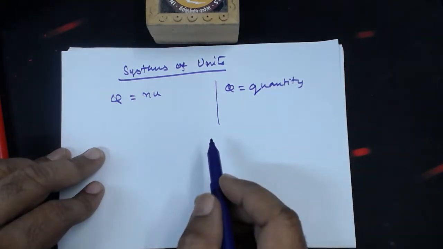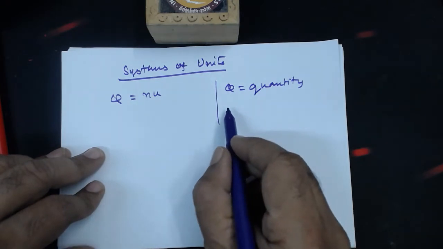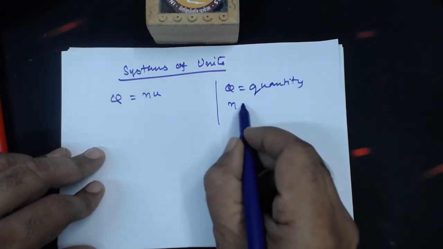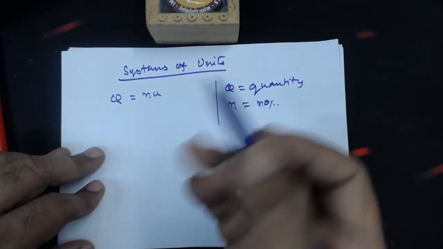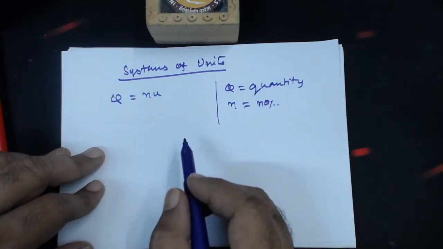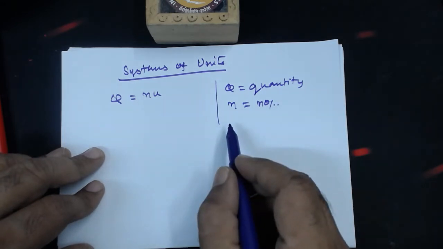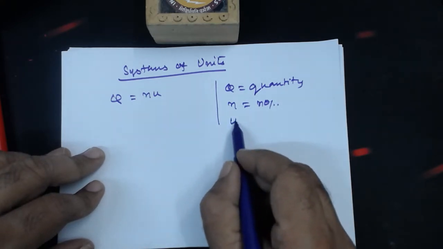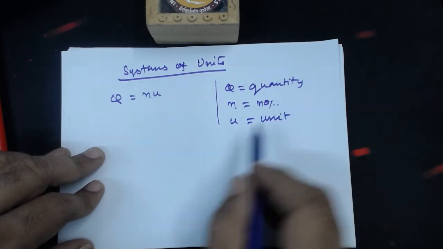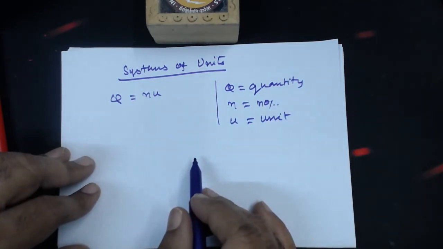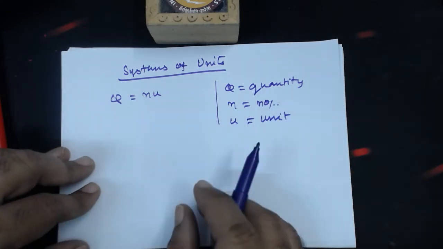N is the integer, the number of items, number of times you can say. U is the unit in which the quantity is measured.